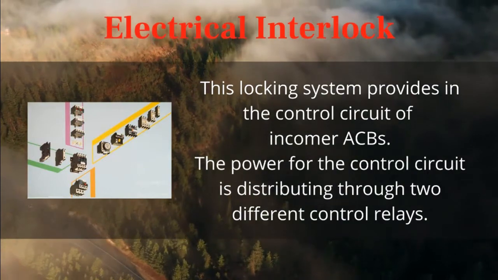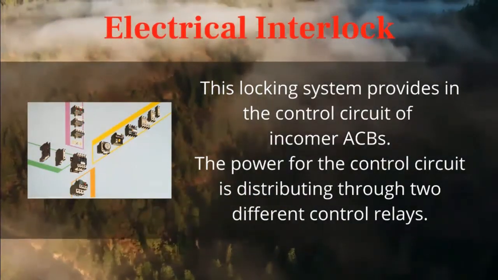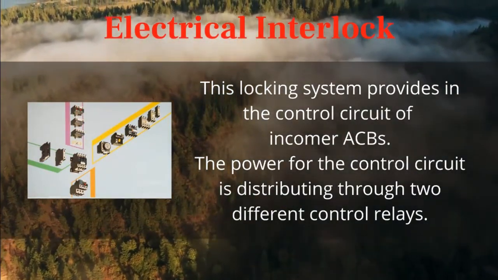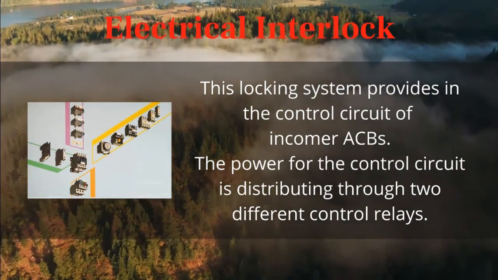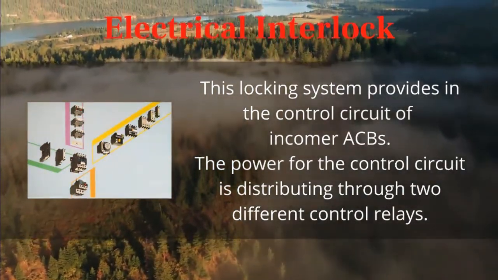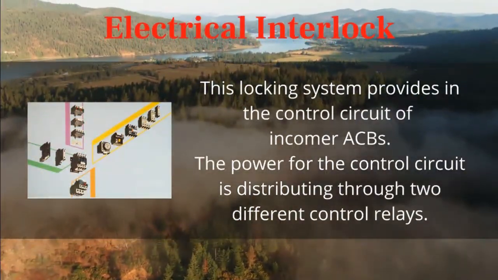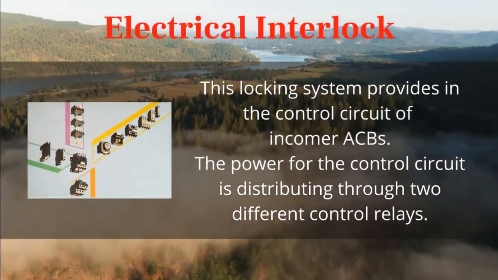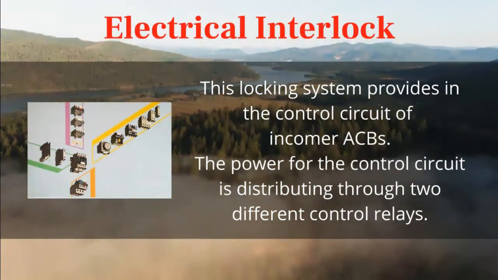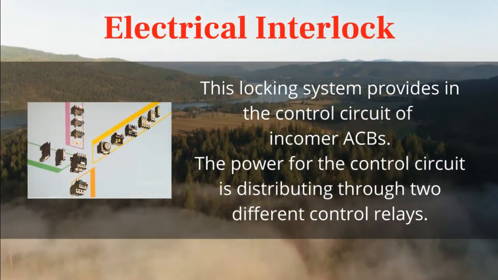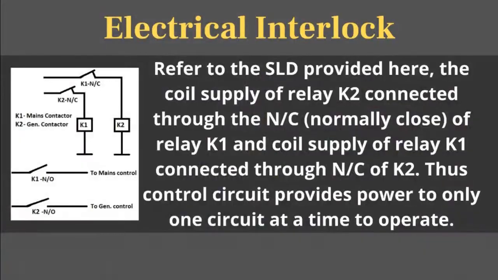Electrical interlock. This locking system is provided in the control circuit of the incomer ACB. The power for the control circuit is distributed through 2 different control relays. Refer to the SLD provided here.